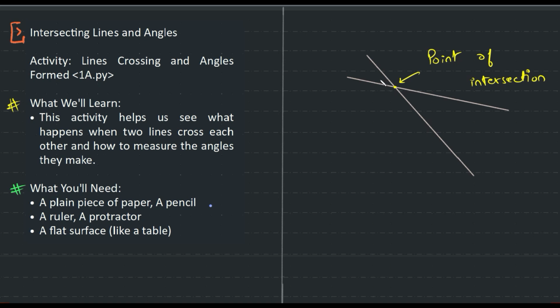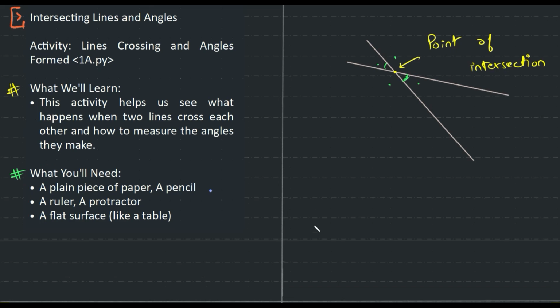And there are how many angles? 1, 2, 3, 4 angles. And we saw that two neighboring angles always add to 180 degree. And all of them add to 360 degree. Vertically opposite angles are equal or not equal? Equal. So this is an example of vertically opposite angles.